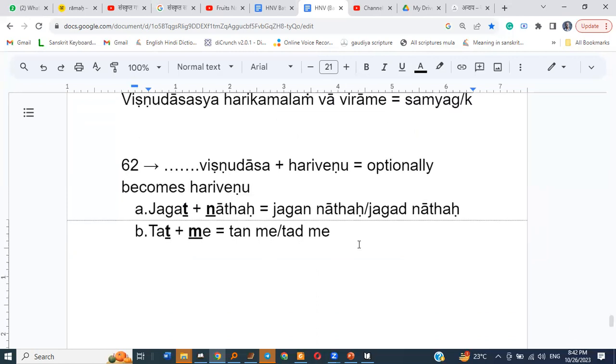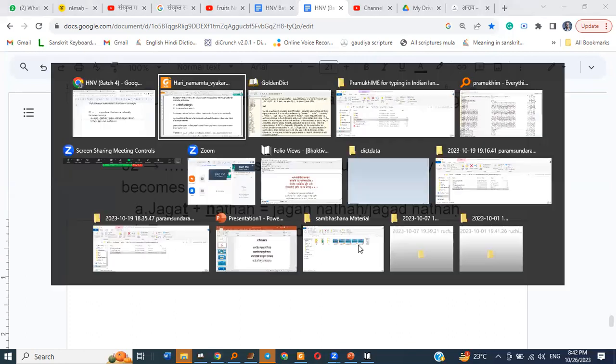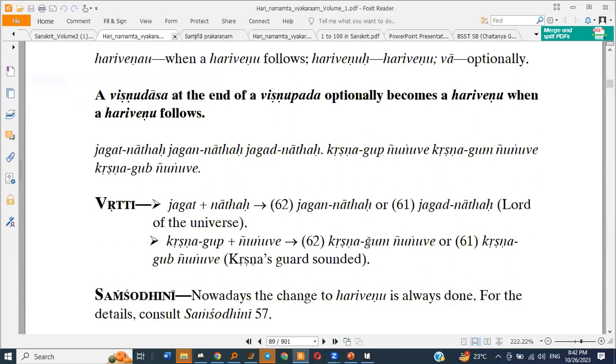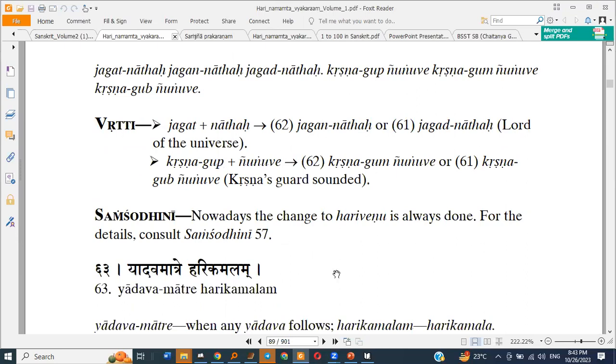Okay. I hope this 62nd sutra is clear. So basically, the Vishnu Dasa becomes the Harivenu of its own Varga, Savarga, Savargiya.